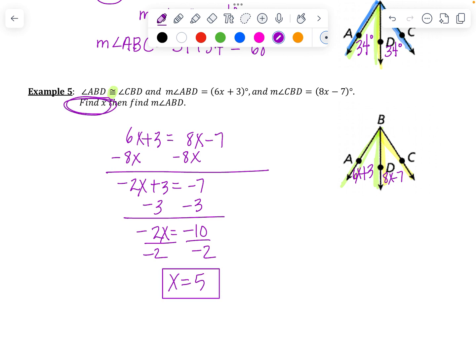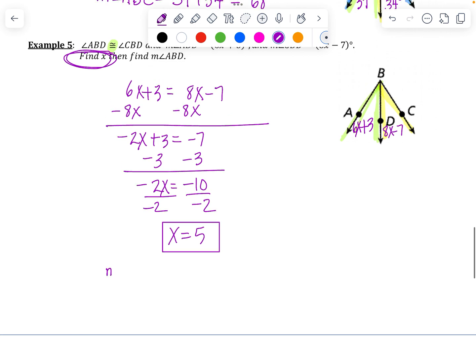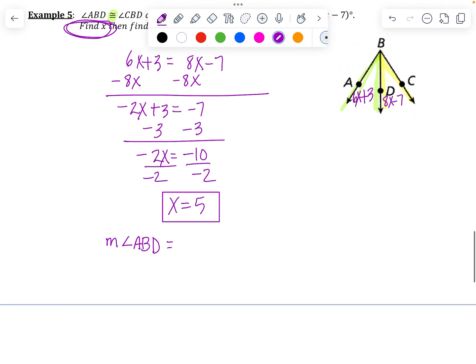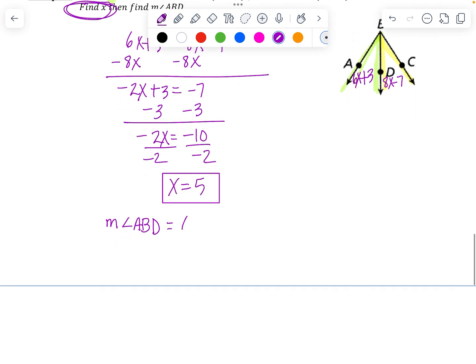But furthermore, they want to know what is the measure of angle ABD. So they ask me a second question here. So again, if you trace ABD, you see that that's the one that's been highlighted in green, which is the 6x plus 3. So 6 times the x of 5 plus 3 equals 33 degrees. And that has answered the question, but if they had wanted the other angle, I would know it's also 33 degrees, right?